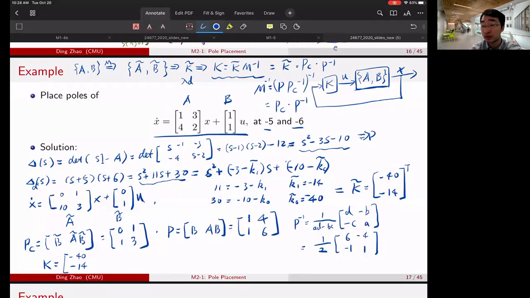Transpose, times PC is 0, 1, 1, 3, times half of 6 minus 4 minus 1, 1. So this is what you finally get. Okay, so this will be minus 1, minus 13.